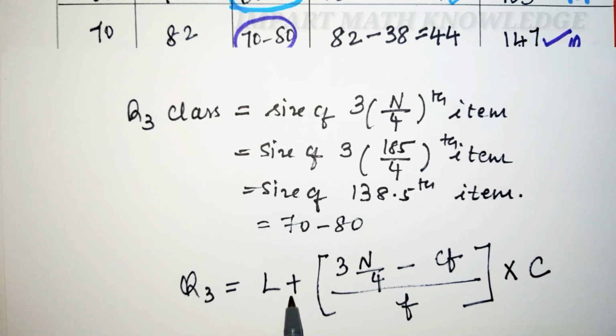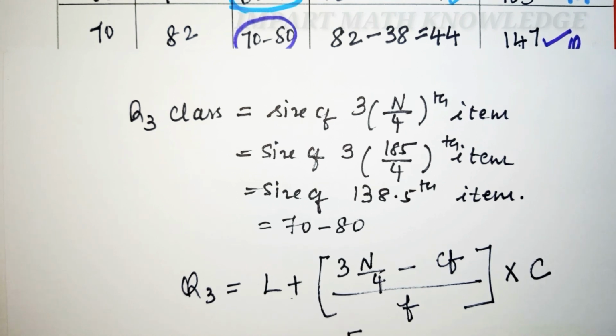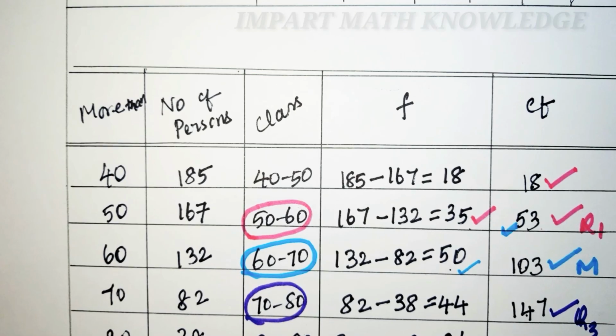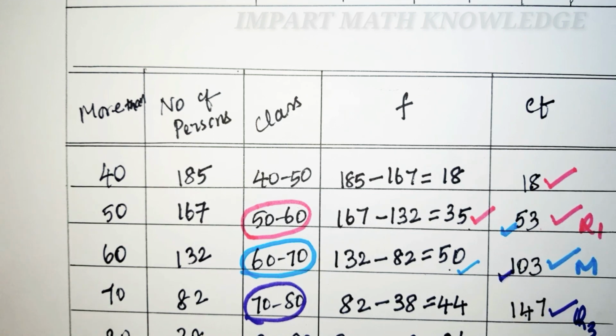Q3 is equal to L plus (3n by 4 minus cumulative frequency preceding the Q3 class) divided by frequency in the Q3 class, into length of the class interval. So Q3 is equal to L, the lower limit of the Q3 class, that is 70, plus 3n by 4, which is 138.5, minus cumulative frequency preceding the Q3 class, which is 103.